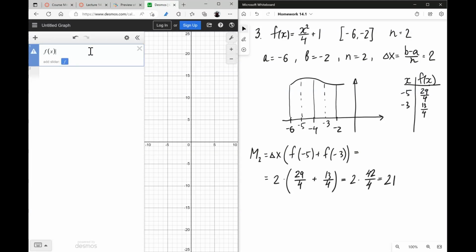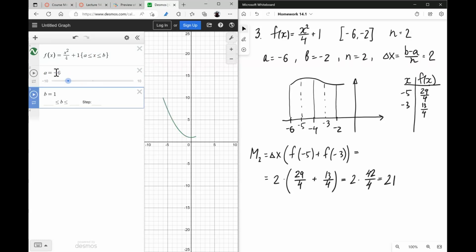So we can always introduce this function, whatever the function is, and we can always introduce some values a and b, and in our case a is equal to -6 and b is equal to -2.